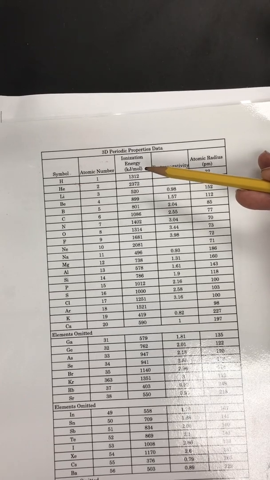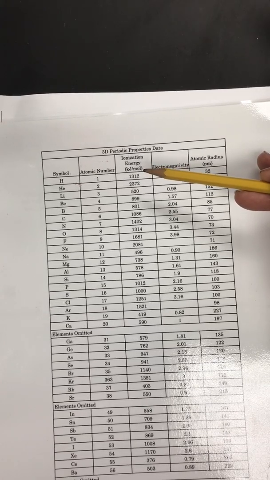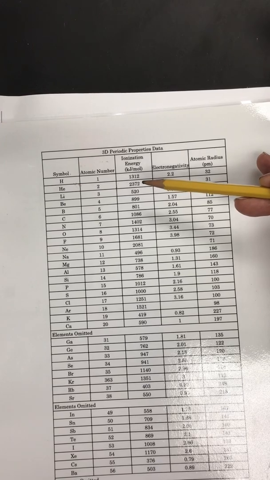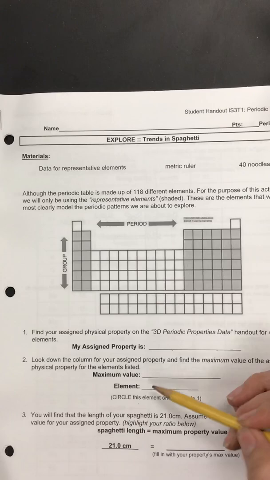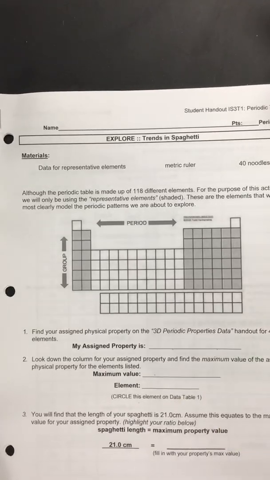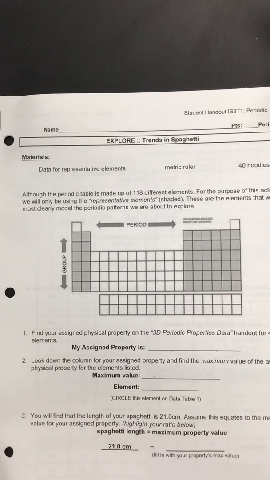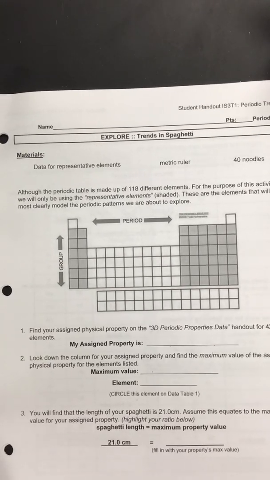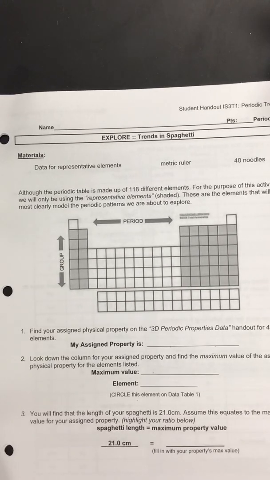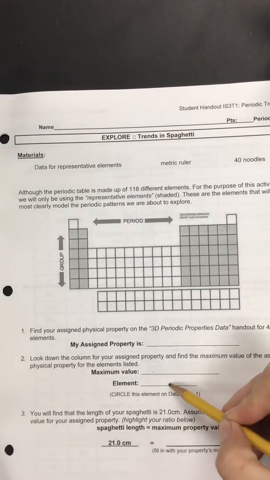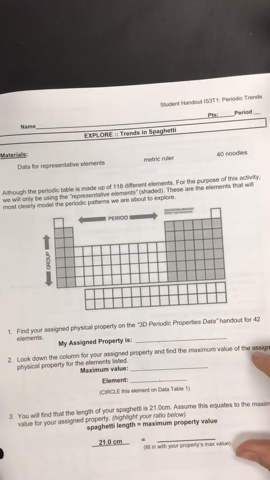You don't know what that is yet, but that's okay. You're just going to record just that. So this is our maximum value, and this would go for number two. But remember that I'm doing the ionization energy. Yours is going to be different. So if you need to push pause to find that, go ahead and push pause. And make sure you're also recording the element. Push pause if you need to.